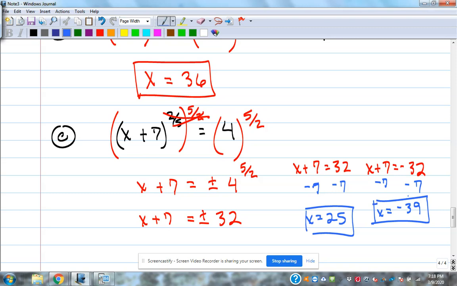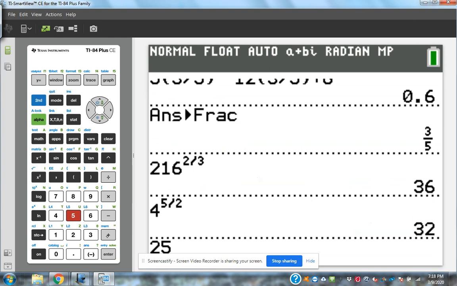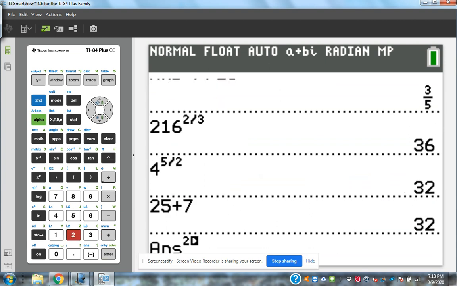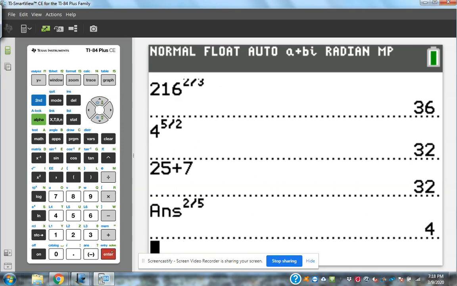I got to go back to the original problem and check that. So I'm plugging in 25 plus 7. Raise that to the 2/5. I got 4. Negative 39 plus 7.